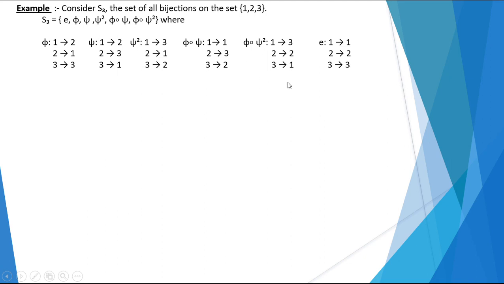This is the function phi circle psi square. This is the identity function small e: image of every element is itself. We know that S3 is a group with respect to the composition of functions.